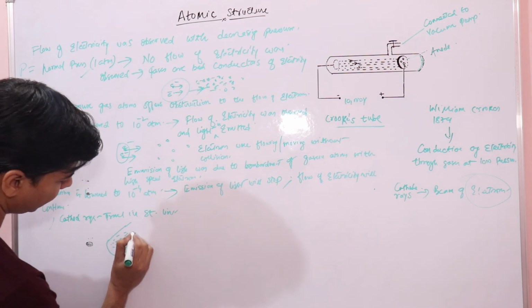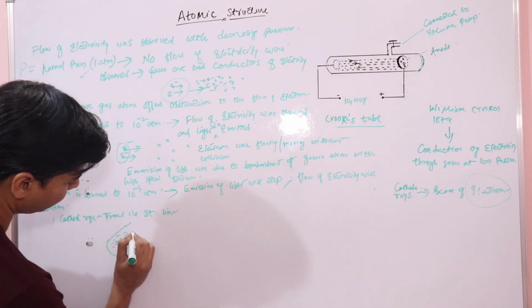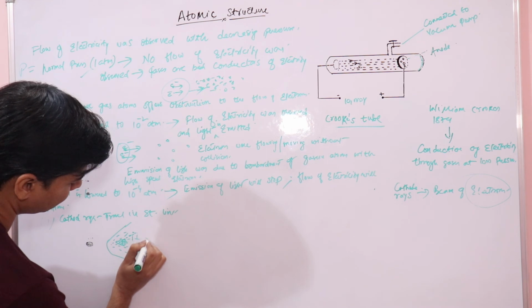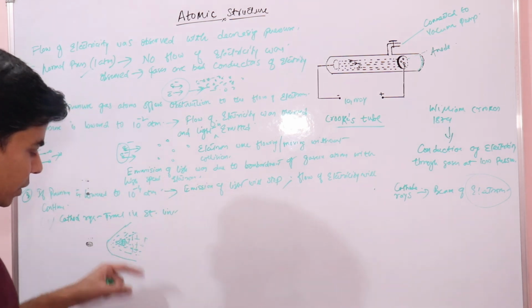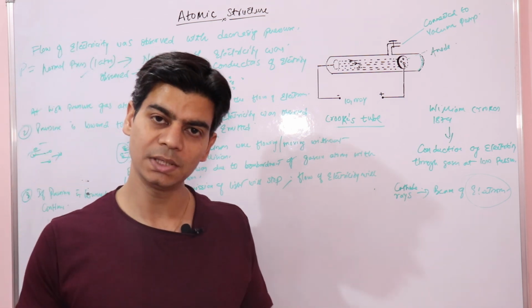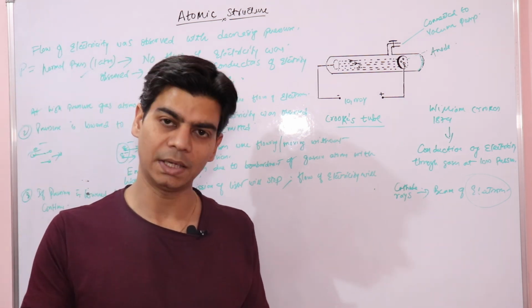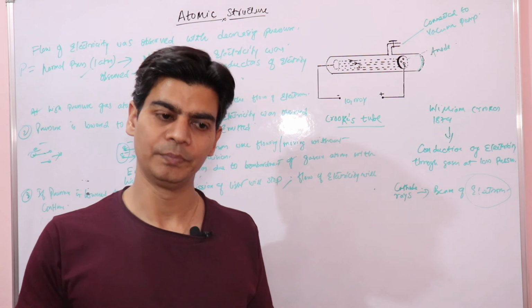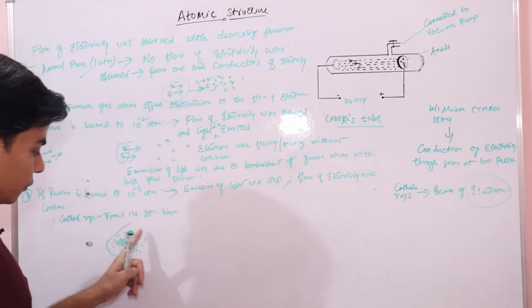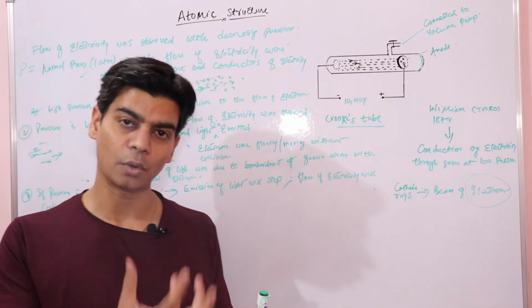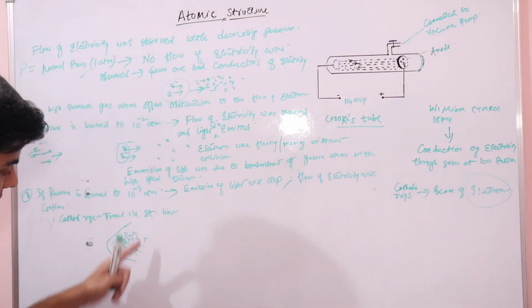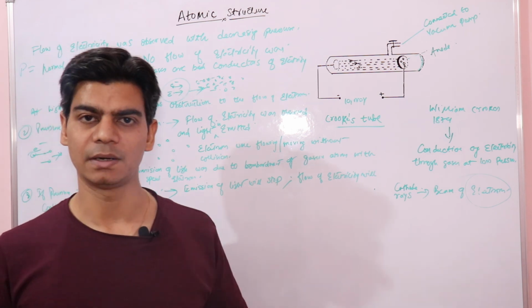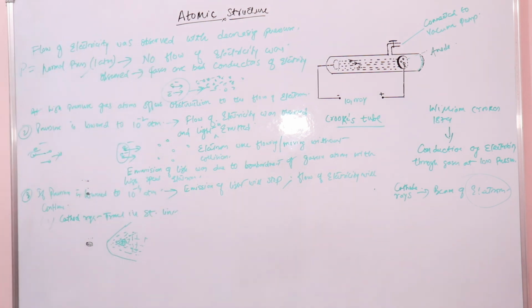You will observe a shadow of this object like this. Since these cathode rays produce an image of an object placed in their path, the formation of this image proves that cathode rays travel in a straight line.